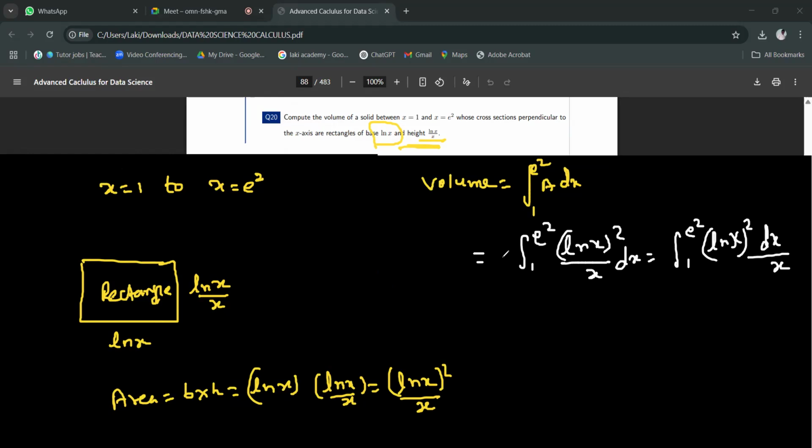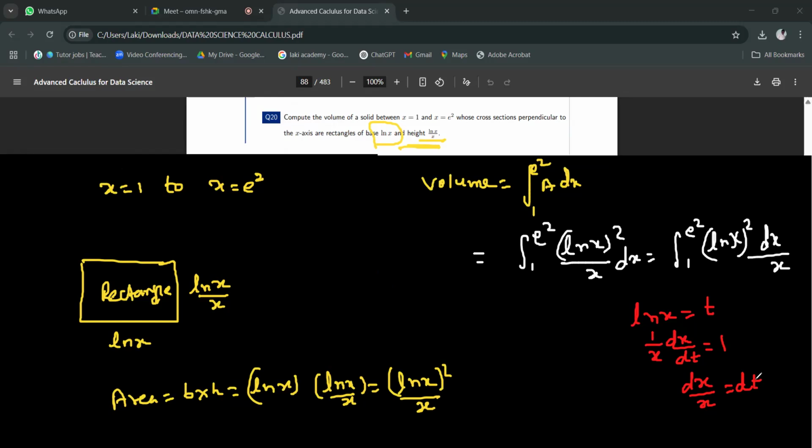Now substitute ln x equal to t. When you differentiate this, the derivative of ln x is 1 over x, so dx over x becomes dt, right? You understood? First find the area.